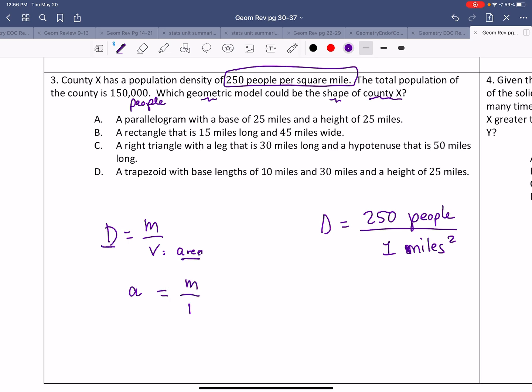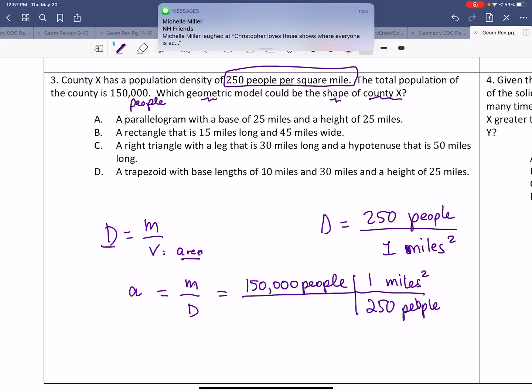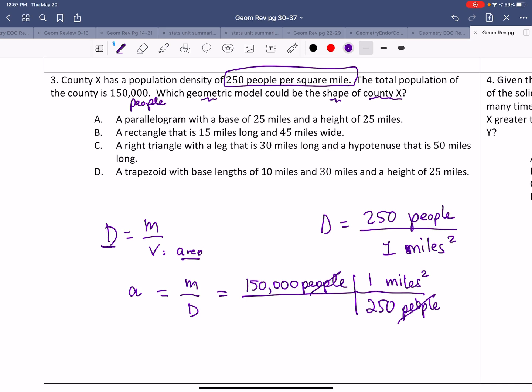And put this. So if I know I have 150,000 people, and I know my density is 250 people, I actually like to show it like this, 250 people for every 1 mile squared, then notice I can get my answer in miles, which is what I'm trying to figure out, my area here, right?